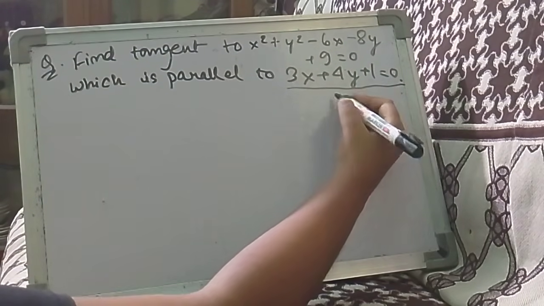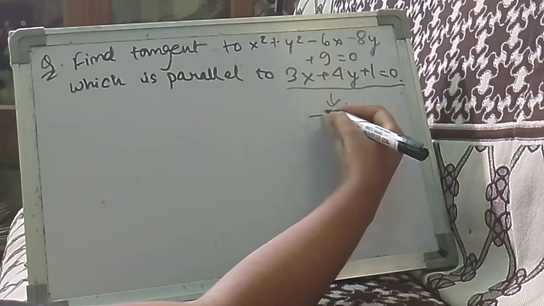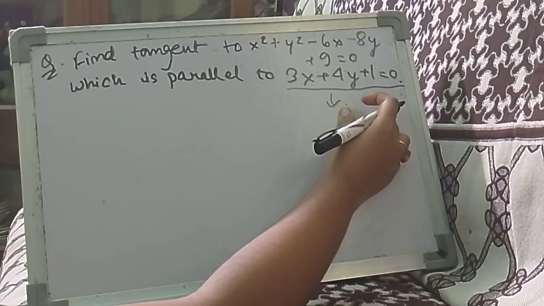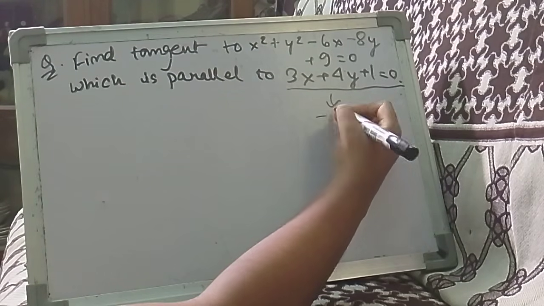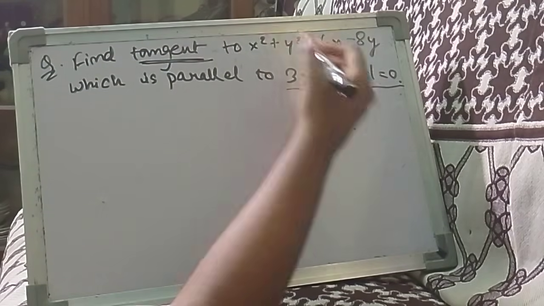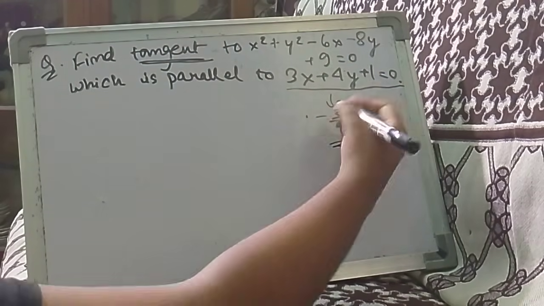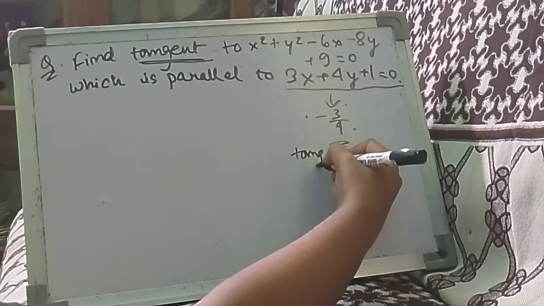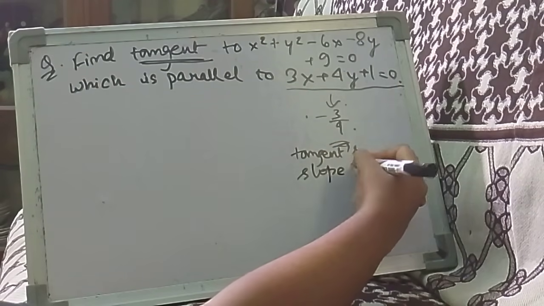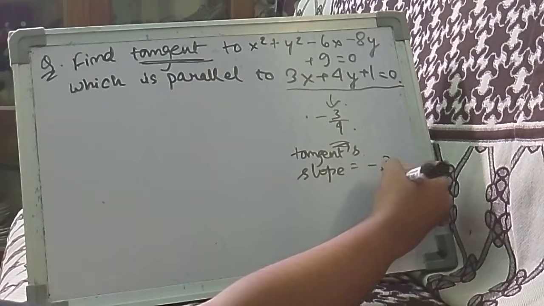So what will be the slope of this line? Minus 3 by 4, and this tangent is parallel to this one. So its slope, the tangent slope, will also be equal to minus 3 by 4.